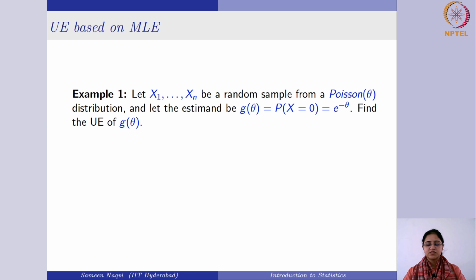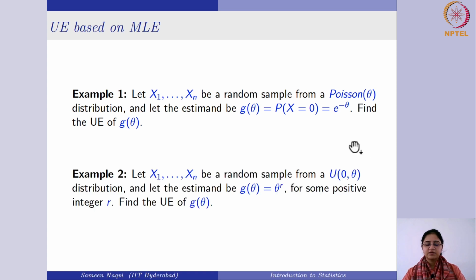The first example says that you have a random sample coming from a Poisson distribution with parameter theta, and your estimate is the same quantity we studied earlier, e raised to the power minus theta. You have to find an unbiased estimator for this. Next, a random sample coming from uniform 0 theta, and the estimate in this case is theta raised to the power r for some positive integer r.